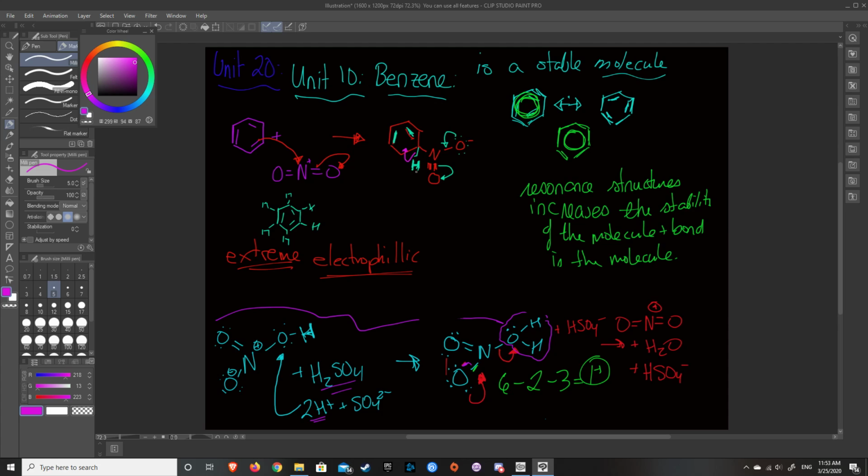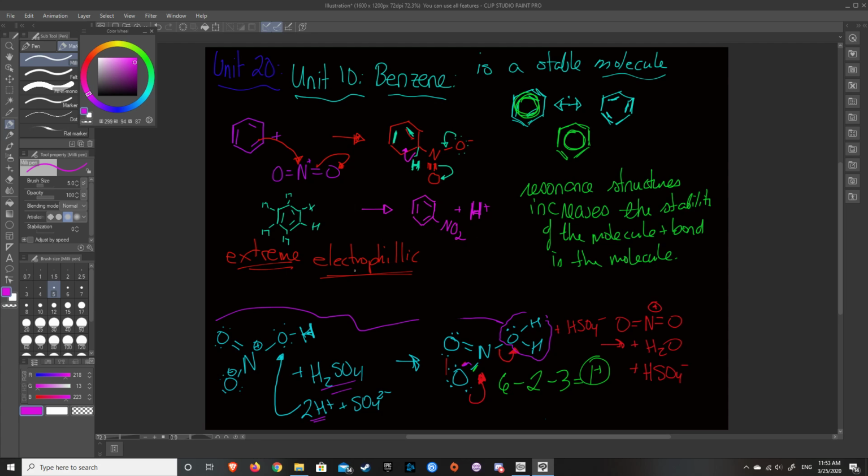So he donates his bond back in, and the last step is that we've got benzene with its aromaticity conserved, single bonded to the NO2, and we've released the H plus into solution. So we've added an NO2. We've nitrated the benzene ring.